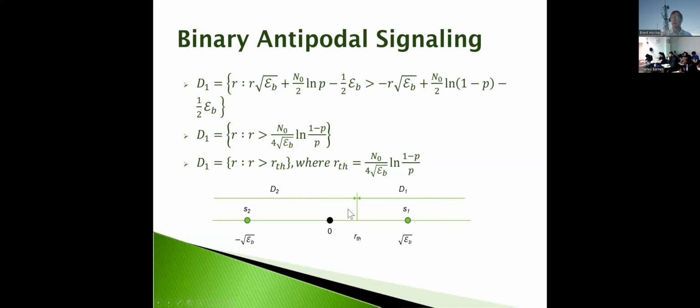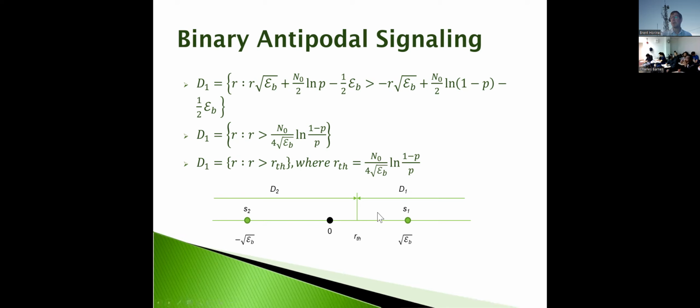So now this R_TH is going to be placed as a function of these probabilities and scaled according to the amount of noise and the relationship with that noise and the energy per bit.